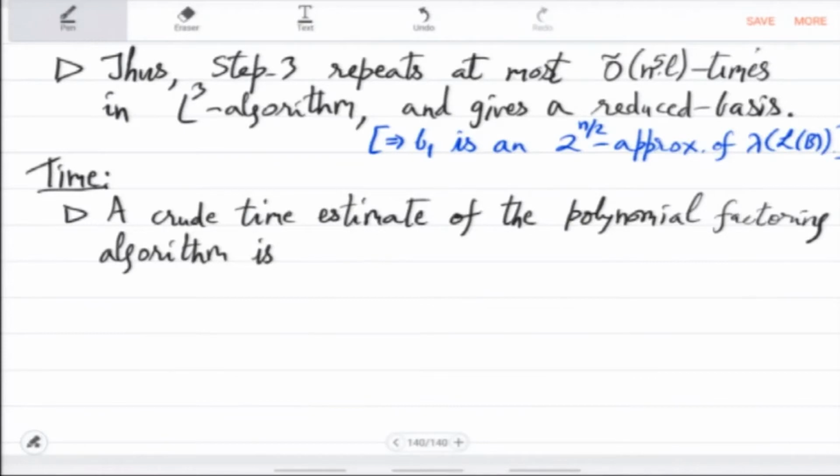So you have to start from the very beginning. How did you do Hensel lifting, and then you reached this lattice instance, and then you applied L cube algorithm. So this will be n raised to 5L. These are how big the numbers are. This actually is the number of times you are repeating the L cube algorithm. The first steps you are repeating n raised to 5L times.